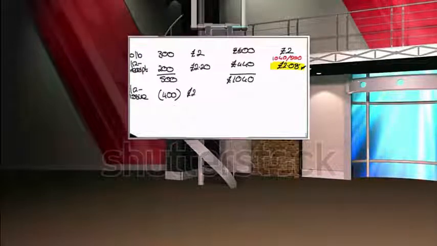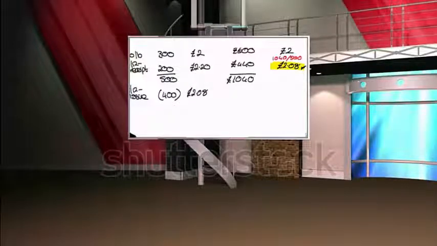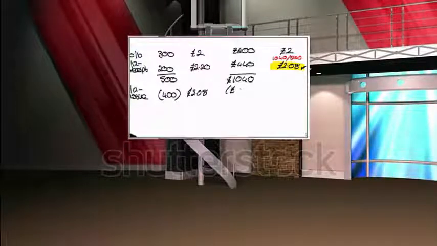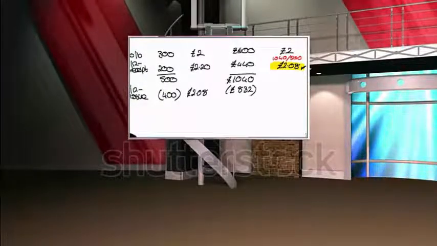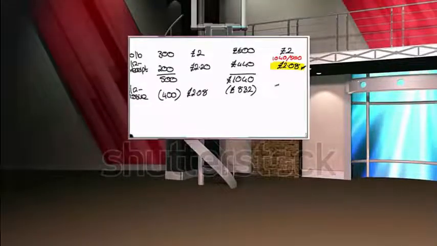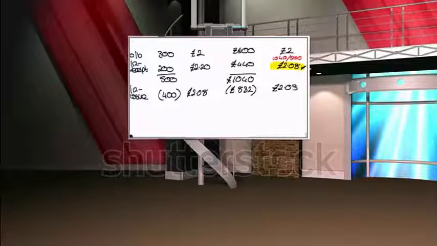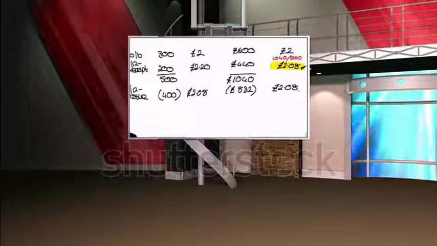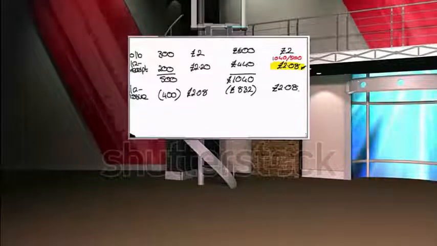Very straightforward. We just value it at our most recent average cost per unit. So that'll be £2.08. So the total value of our issue is £832. Our average cost doesn't change when we have an issue to production. Average cost will only change after a receipt.